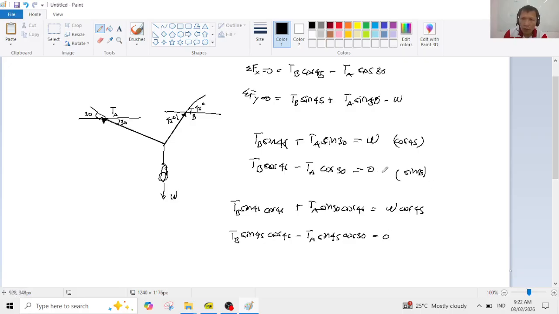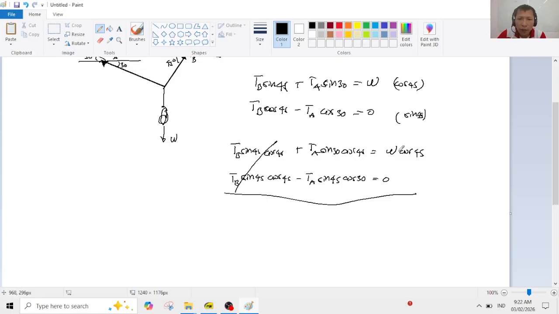So I can eliminate TB, and I need a minus 1 to eliminate, so that would be addition.